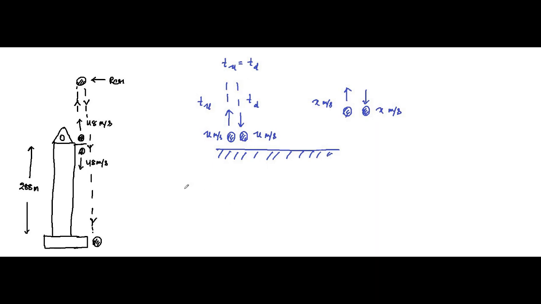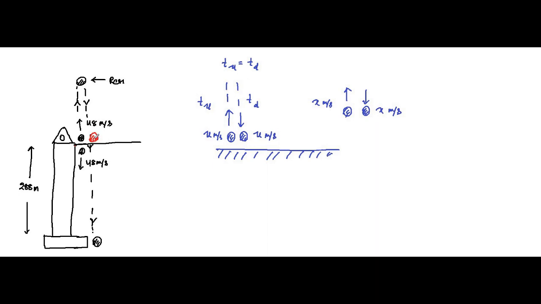So here for the upward stone, from this platform at the top of the tower, from here to here, identical points, the velocity with which it is thrown is 48 meters per second.